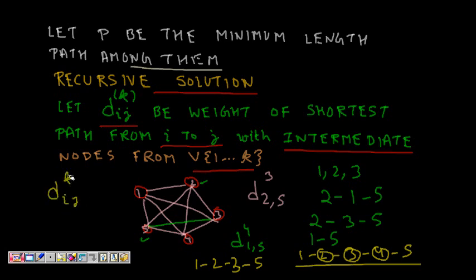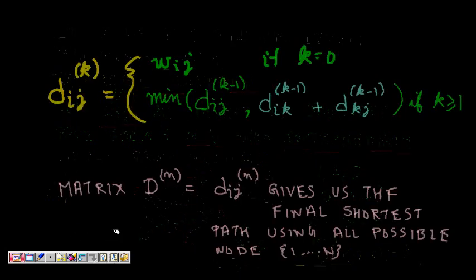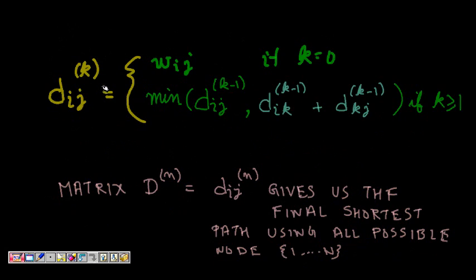Okay, so now we will try to formulate the dynamic programming equation. Dijk will be equal to Wij if k is equal to 0. What it means, if I'm allowed to choose no node in the intermediate path, then Dij0 will always be equal to Wij.